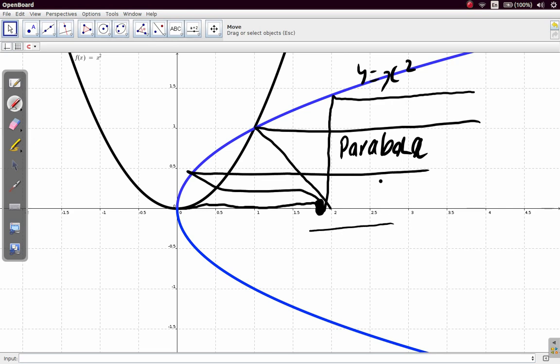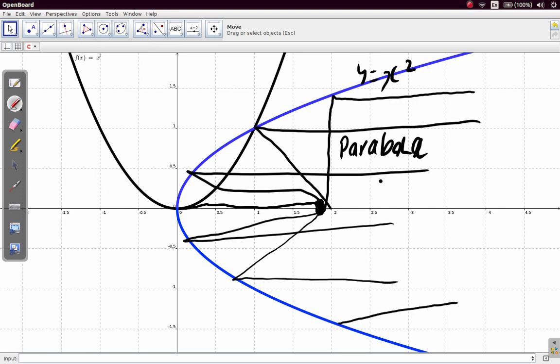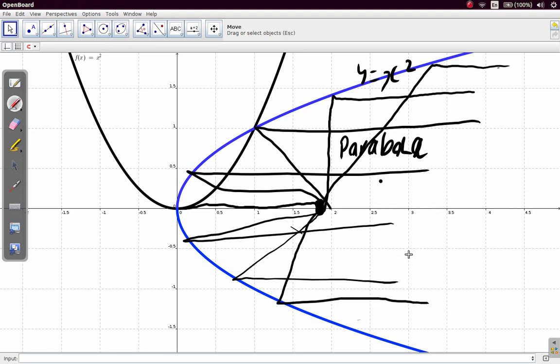It reflects these signals to the receiver. These are supposed to be parallel straight lines, alright? So a dish like this, a satellite dish, picking up signals from a satellite, is shaped in the shape of a parabola, alright? They have a parabolic shape.